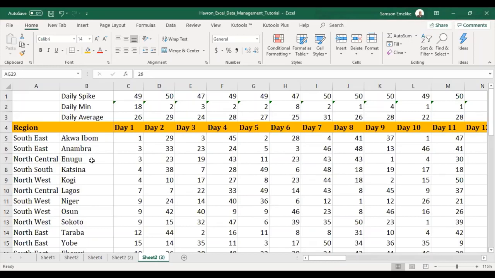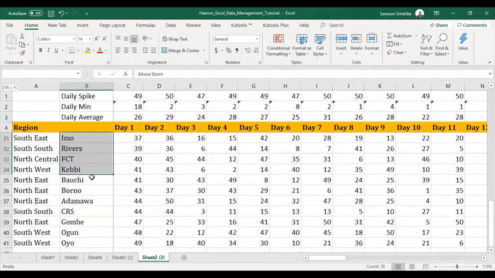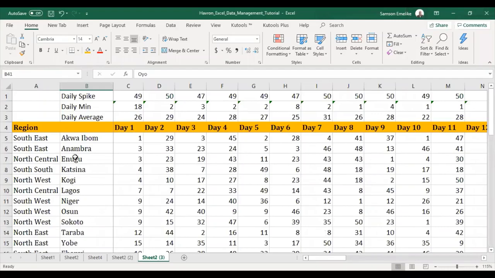Assuming I'm trying to look at these states, each state is associated with its region. Rivers is in south-south, Oyo is in southwest, Anambra is southeast, Oshun is southwest.